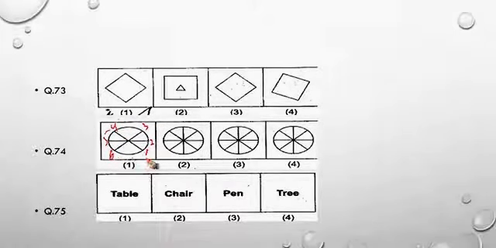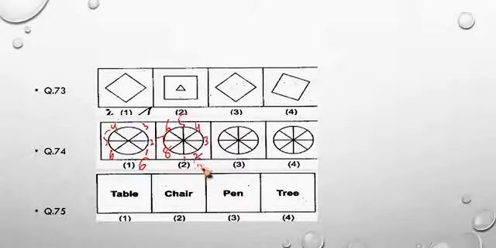In total there are 6 lines inside the circle. Let's go to problem figure 2. In this problem figure, let's count the number of lines. 1, 2, 3, 4, 5, 6, 7, 8.